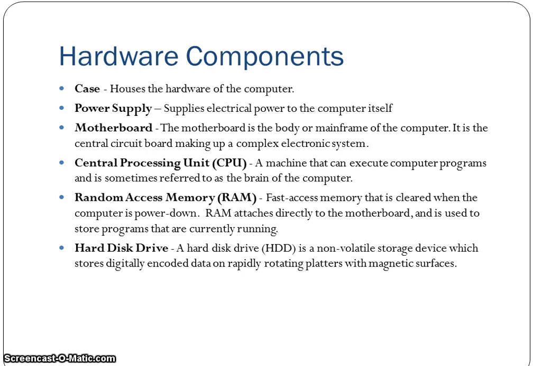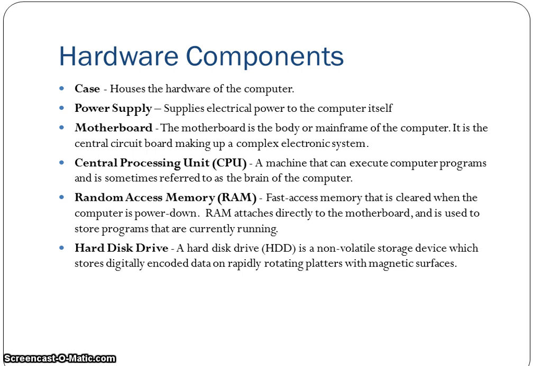The central processing unit, also called the CPU, is a machine that executes computer programs and is sometimes referred to as the brain of the computer. So it executes all these programs. And the next hardware component is the random access memory. This is fast access memory that is cleared when the computer is powered down. RAM attaches directly to the motherboard and is used to store programs that are currently running.